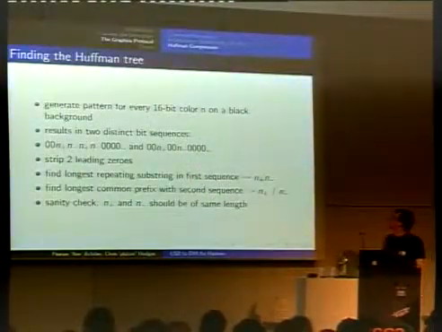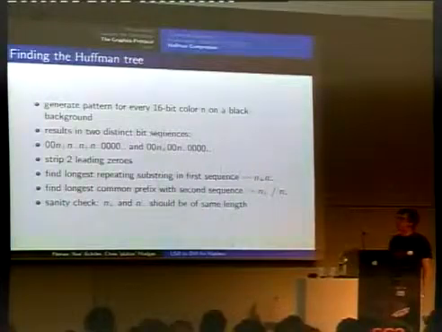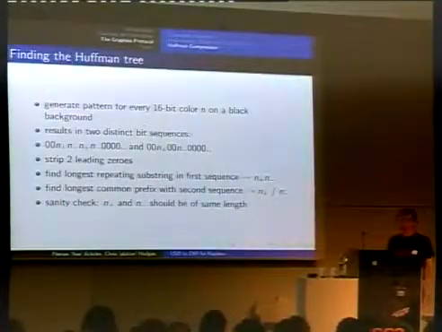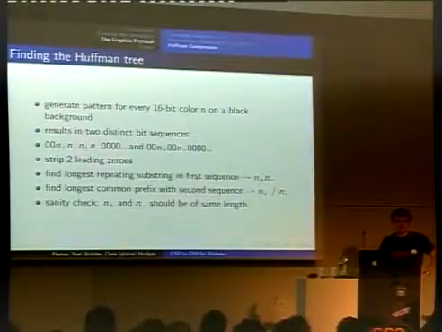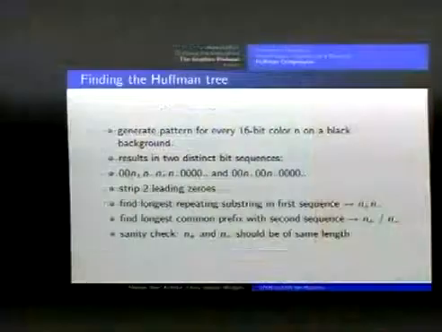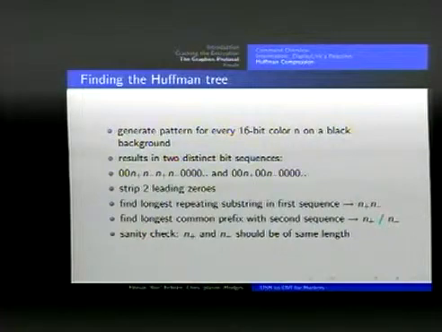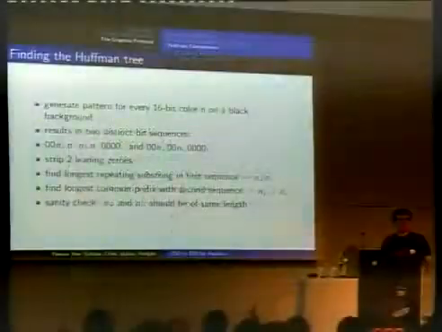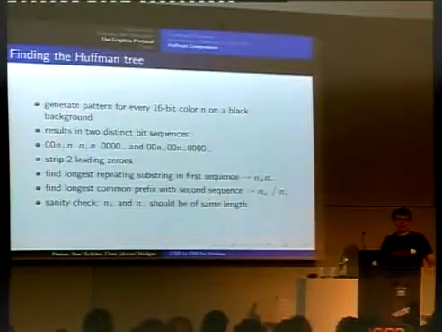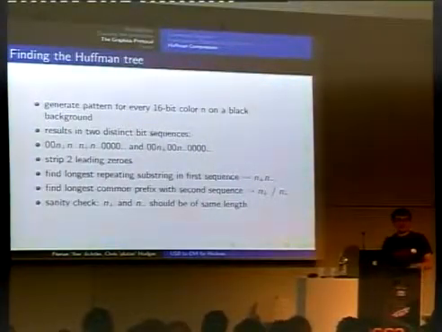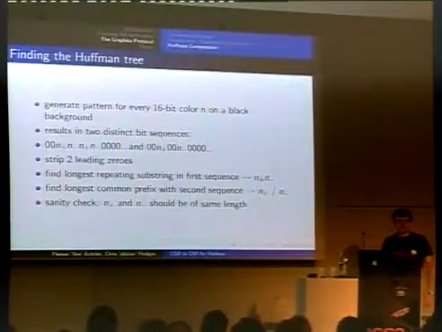So the approach is basically to generate this pattern for every color n in 16-bit on a black background, and you get 2 different bit sequences, as I mentioned. All of them start with 0, 0, as the first pixel of every row is black, and the starting value is also 0.